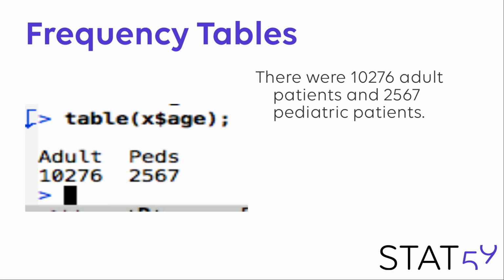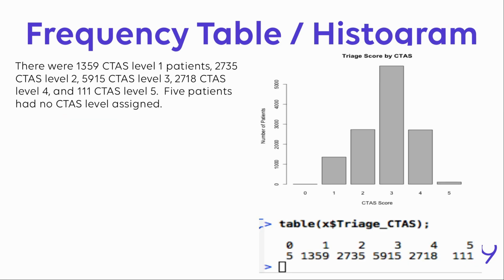Here, we just did a simple frequency table that said there were 10,000 adult patients and 2,000 pediatric patients. Again, presenting these as a frequency table or writing them in your paper is easy, but one of the best ways to present these is through the use of a histogram.